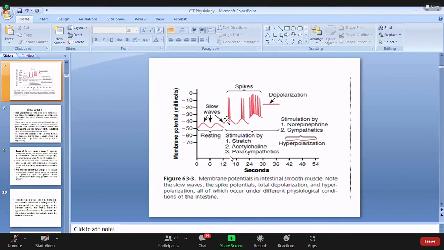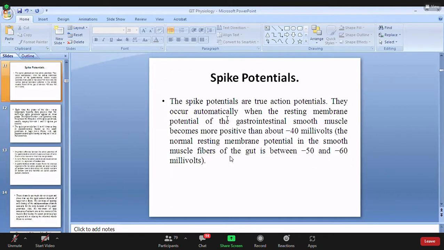When the membrane crosses minus 40 millivolt, that is, when it becomes more positive from minus 56 to minus 40 millivolt, then depolarization occurs and the action potential starts, and we term it a spike potential.